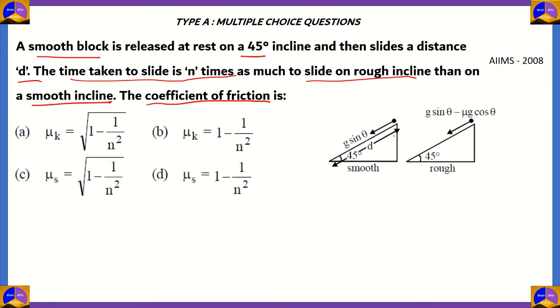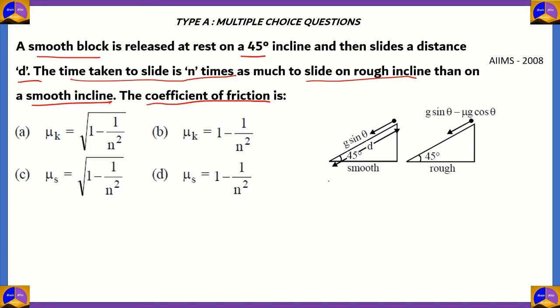First of all, you need to compare both of these motions. So a smooth block is going down a smooth slide, and then it's moving down a rough incline. Over here, you are given that the distance is d, and the angle theta is 45 degrees. These are the information that's given in the question. So let's take this distance d as the displacement s and g as the acceleration.